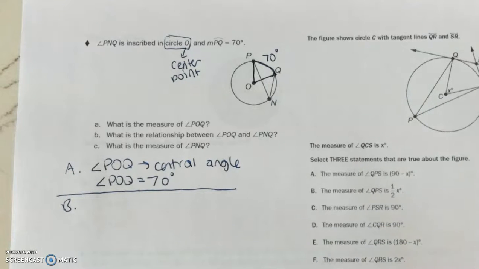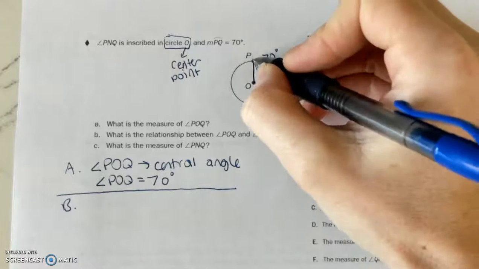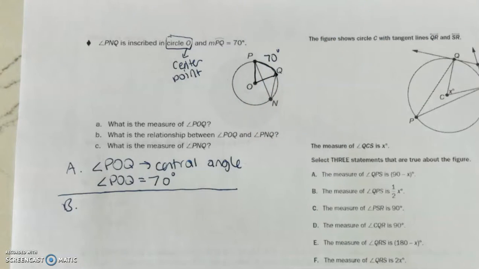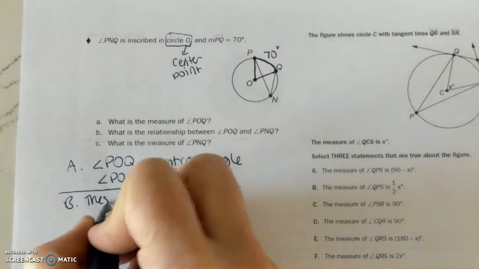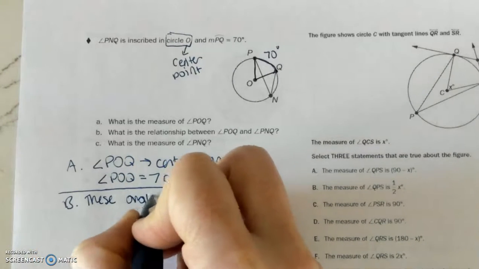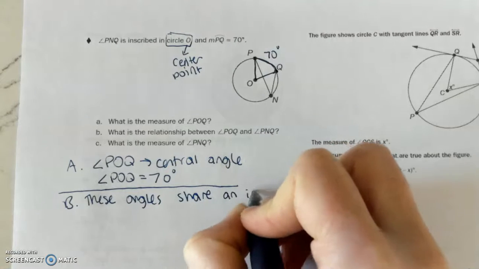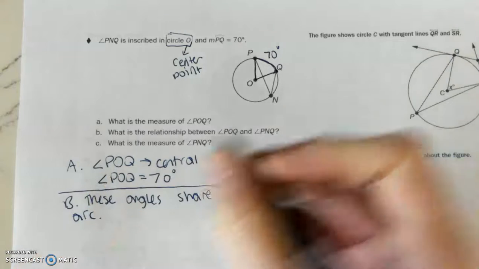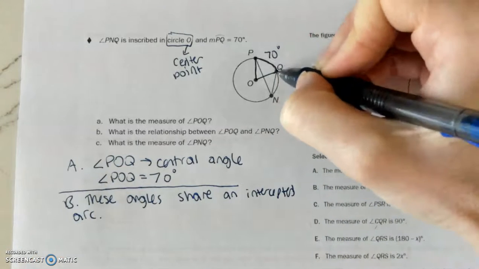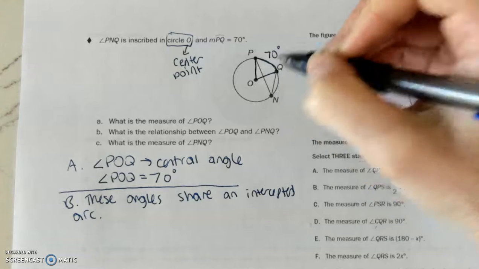All right, let's go ahead and do part B. What is the relationship between POQ, so that's the central angle, right, and PNQ, which is the inscribed angle? So looking at it, these angles share an intercepted arc. See, POQ, its intercepted arc is PQ, and the same with PNQ, right?